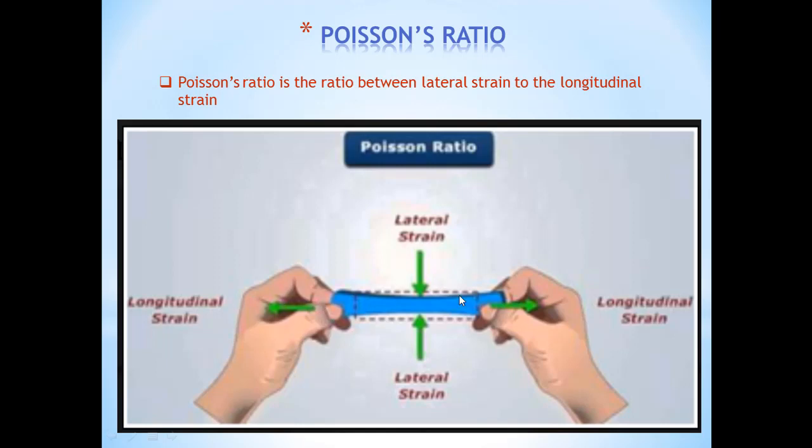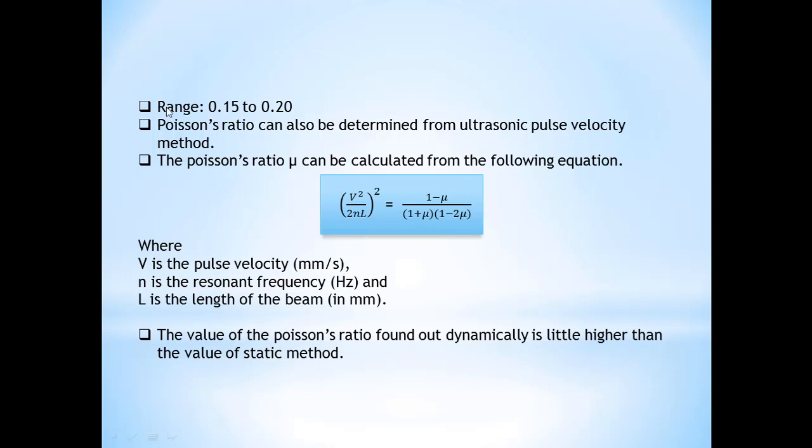If we consider a bar, the force we are applying is in this direction, the horizontal direction, and the forces applied here are in the vertical direction. This we consider as longitudinal strain, and this we consider as lateral strain. The range of the Poisson's ratio is between 0.15 to 0.20.